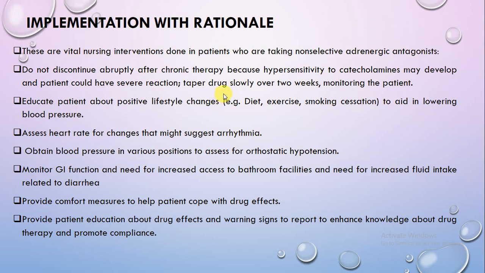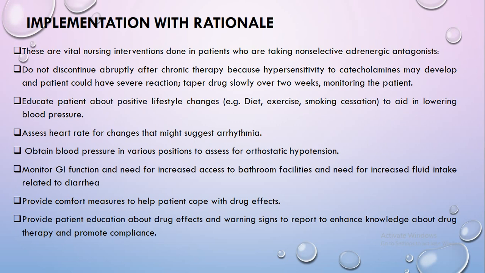For example, taper the drug slowly over 2 weeks and monitor the patient. Let's suppose we are using a certain type of medication to treat a disease, and after some time we abruptly stop the drug. Then after that you become unable to control the condition of the patient.